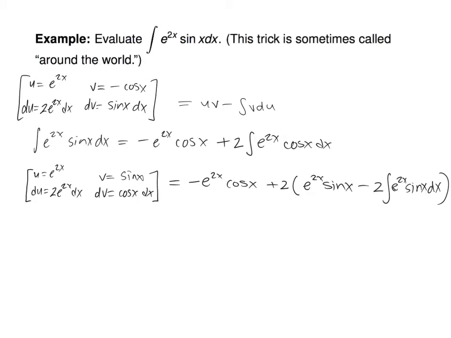The stuff in the integral is back where you started, isn't it? So here's the clever trick. Before we apply the clever trick, let's distribute everything, okay? So this is negative e to the 2x cosine x plus 2e to the 2x sine x minus 4 integrals of e to the 2x sine x.